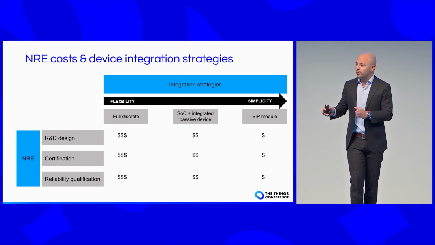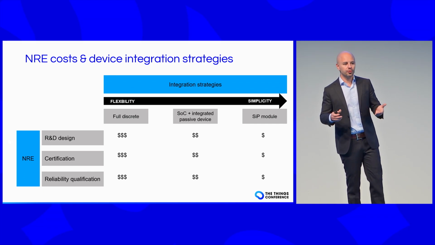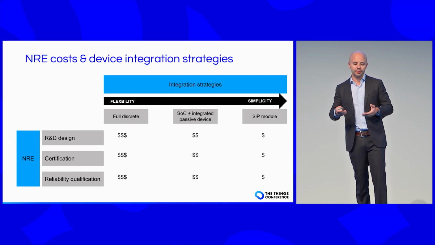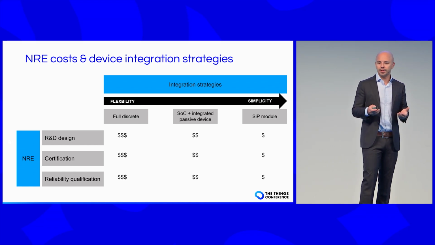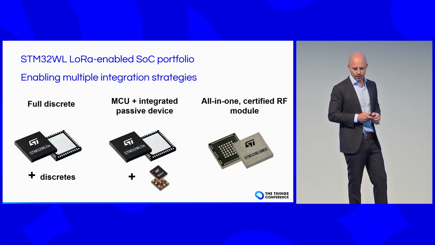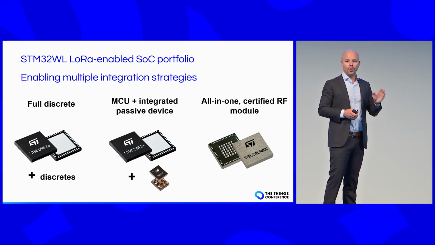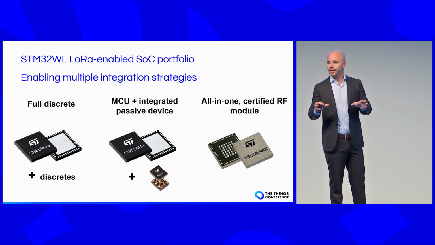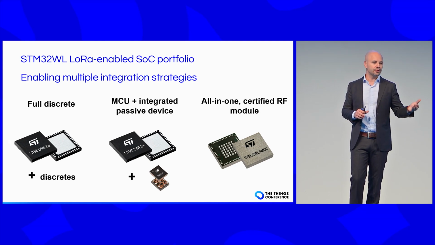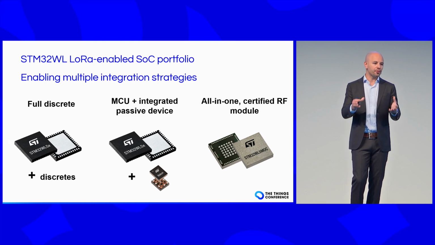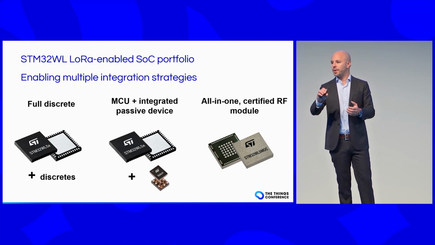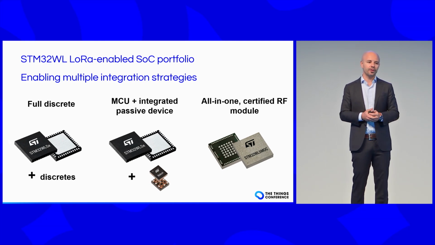And the simplest way is to use modules that are already certified, ready to be in the market, ready to be deployed. This approach minimizes the design effort and the time to market. At ST, we have solutions to address each of these integration strategies, from the full discrete solution that we propose with our reference designs, showing the WL together with some passive devices to implement the bill of material.